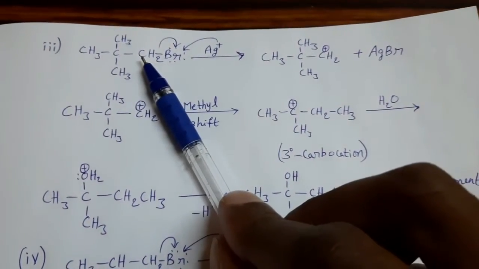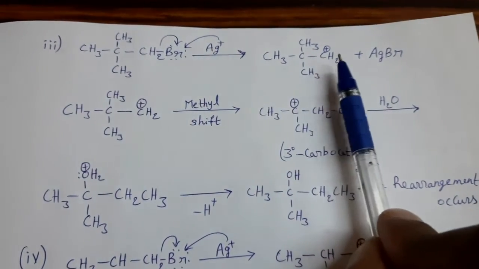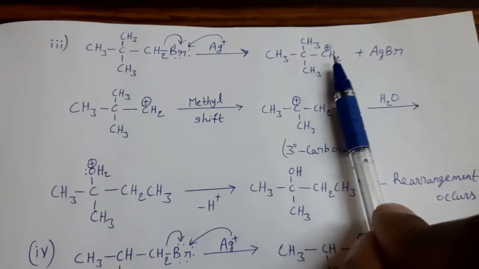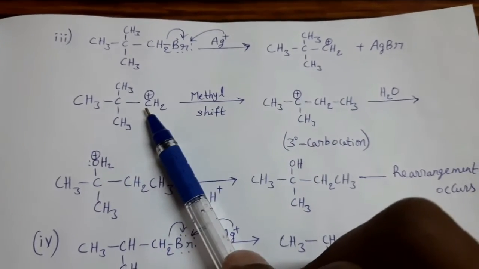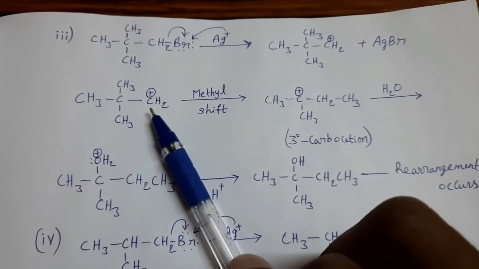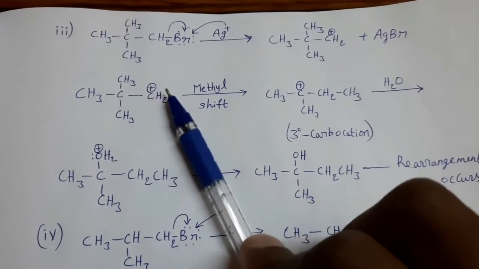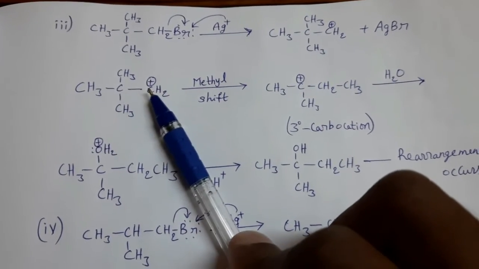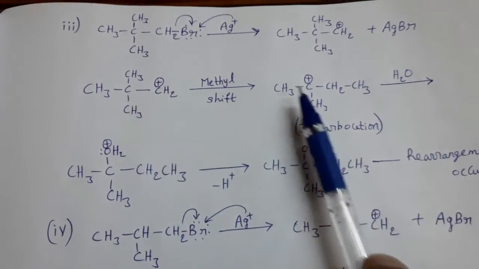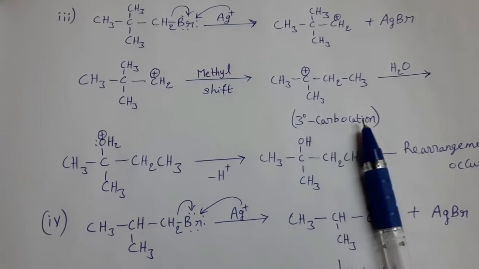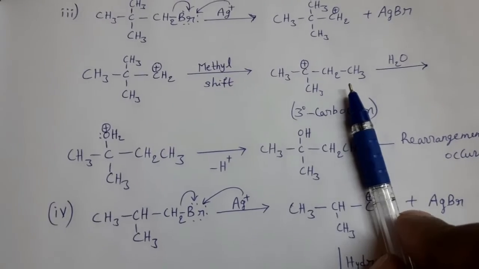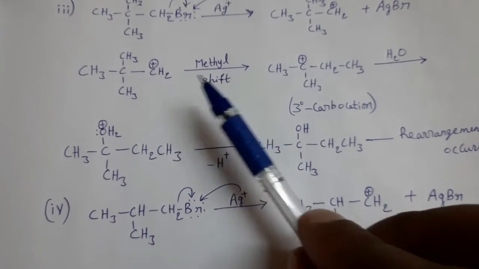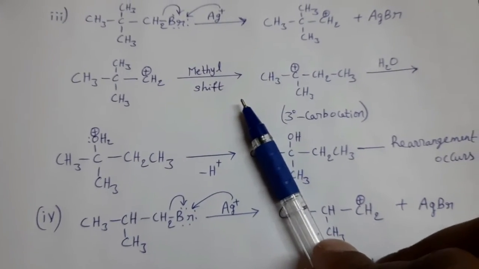Then at this carbon, positive charge is developed. It is a primary carbon because it is bonded with one other carbon. Now, in this, methyl shift takes place. This methyl group is shifted to this carbon atom. Positive charge shifted to this. Then we can get a tertiary carbocation. So this tertiary carbocation has more stability than this one. That's why this type of rearrangement takes place.